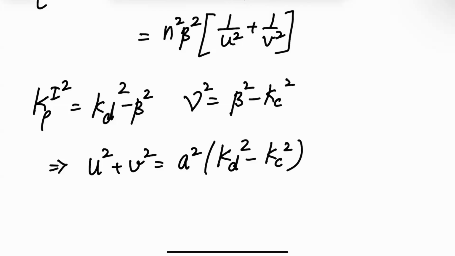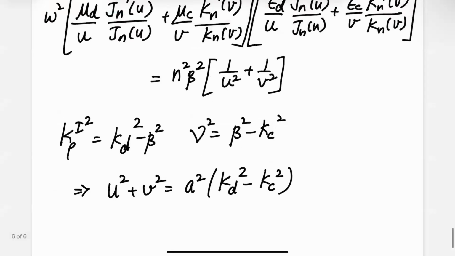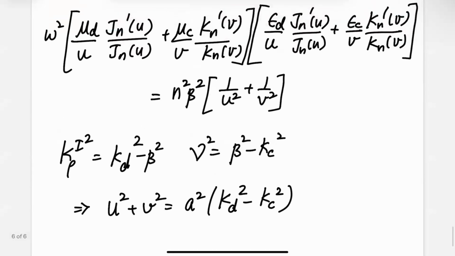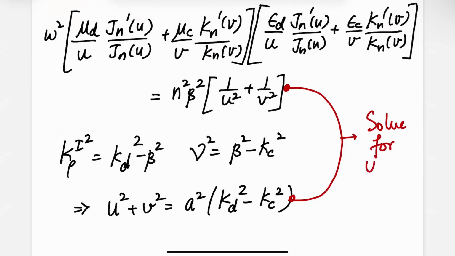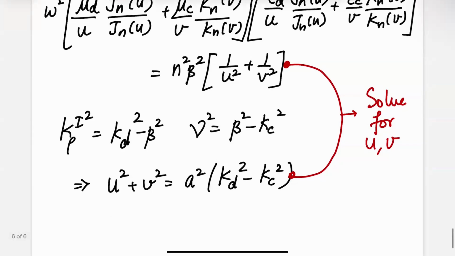Okay, so now we have two equations and two unknowns, right? We have the transcendental equation, these two basically. So we solve for u comma v. Once we have u and v, then we can get beta. This equation or this equation, it doesn't matter.